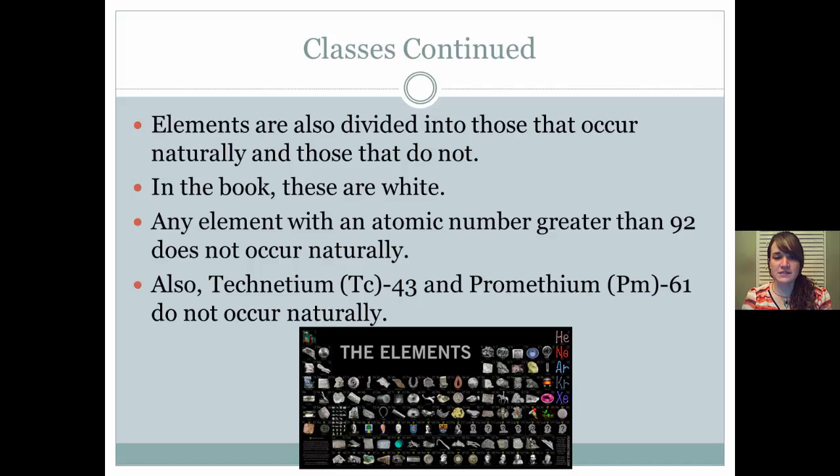Every single element with an atomic number greater than 92 does not occur naturally, so they're only man-made elements. In between, the only other ones would be technetium and promethium. Those do not occur naturally either. So that's our second way of classifying. So we have whether they're a solid, liquid, or gas, and then if they occur naturally or not.